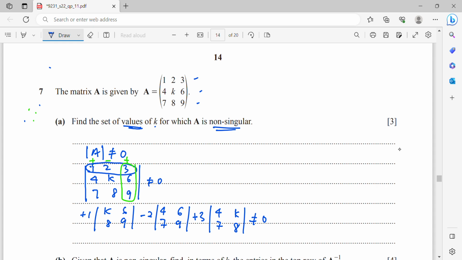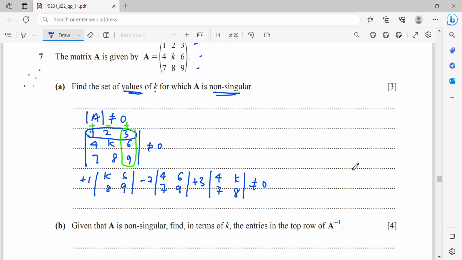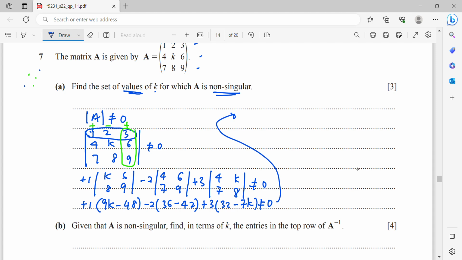When you count these 2 by 2 determinants, it is basically cross multiplication. So I will get plus 1 bracket 9k minus 6 times 8, 48, minus 2 bracket 4 times 9, 36, minus 7 times 6, 42, plus 3 bracket 4 times 8, 32, minus 7k, and it is not equal to 0.